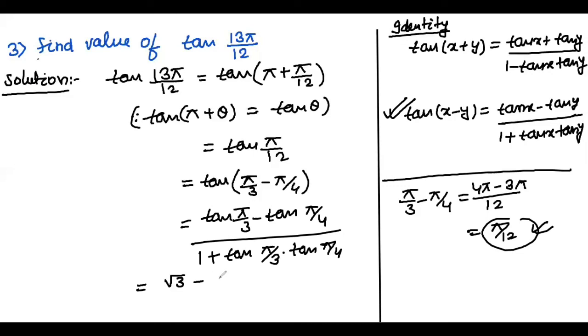Now minus 1, since tan of pi by 4 is 1, and then 1 plus root 3 into 1. So we are getting root 3 minus 1 by 1 plus root 3. So this is our answer. We can solve it further, but if we keep it like this, that is also our answer.